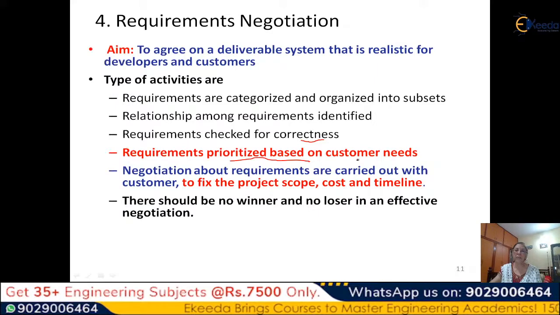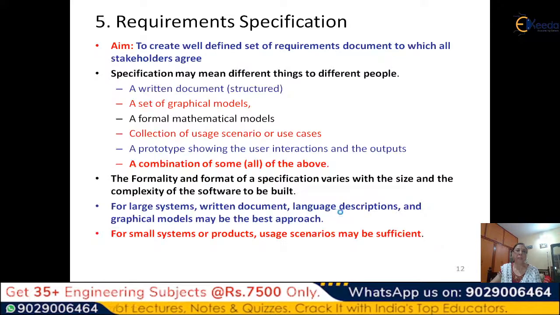So there's some business value that has to come out. Negotiations are carried out with the customer to fix the project scope, cost, and timeline. Once the negotiations are over, that means we know what has to be finally developed. And there is no winner or loser. We should not think that customers are different from the project team. They are a single team.